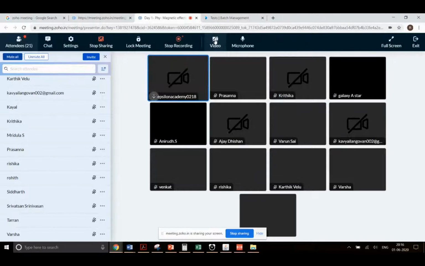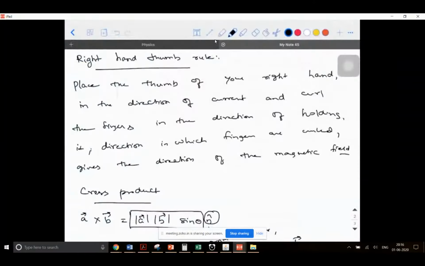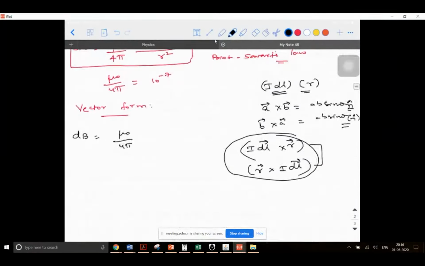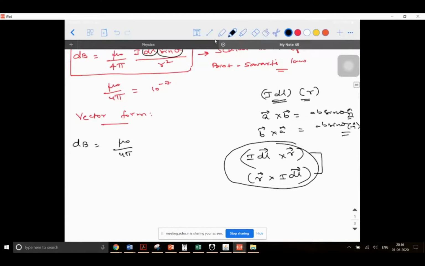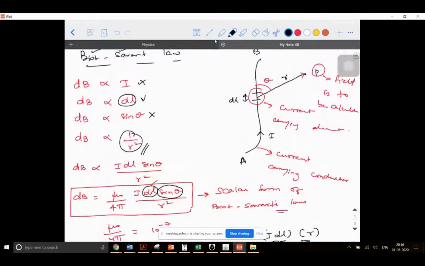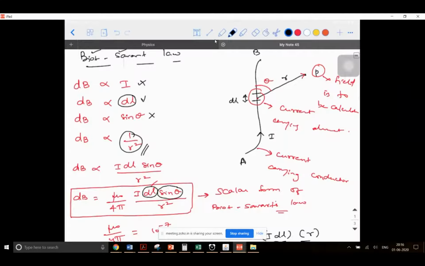So, keeping this in mind, let's go back to the page. Keeping this thing in mind, I want someone to tell me what is the direction in which the magnetic field is going to be with respect to the conductor I have drawn here.